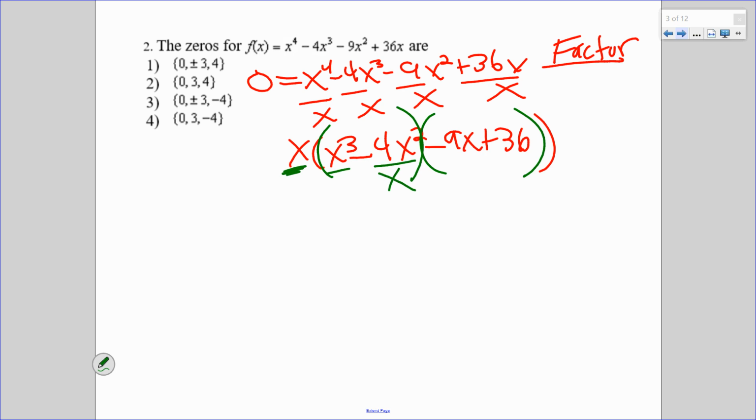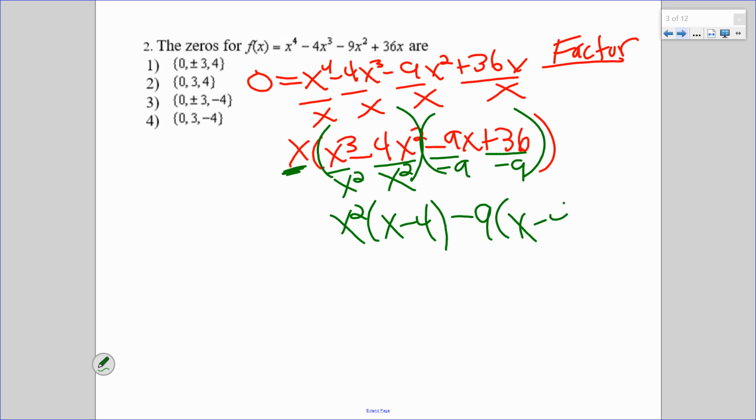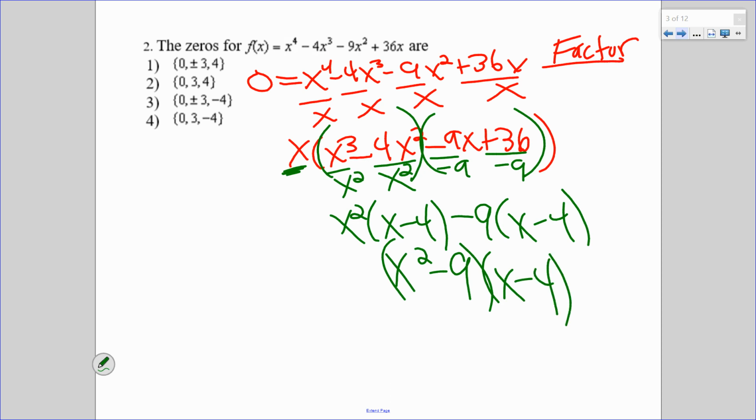I can take out x squared, x squared, x minus 4. I can take out a negative 9, minus 9, x minus 4. I combine my coefficients, I keep my like term, and my x comes down with it. Can I factor further?